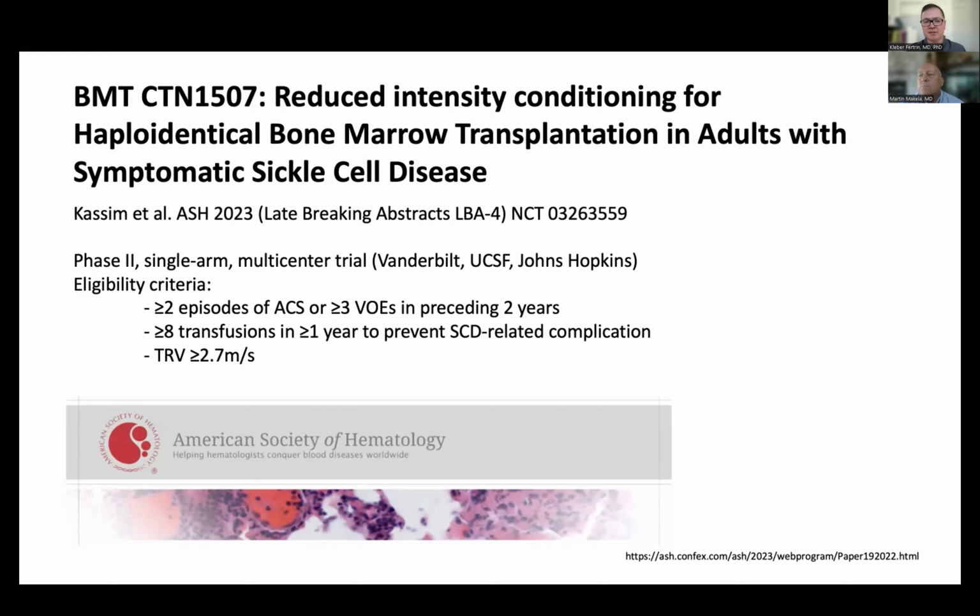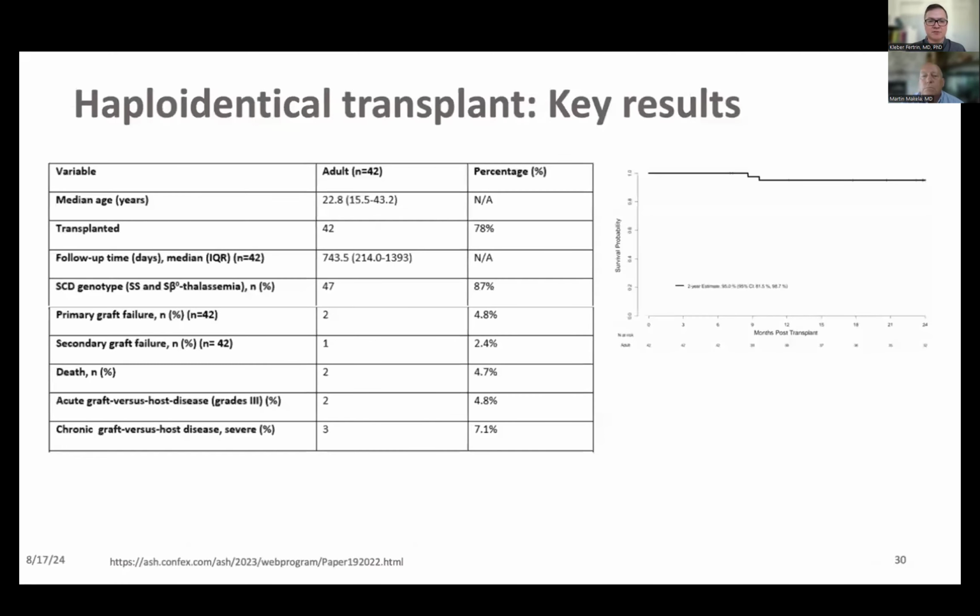And again, in this study that was presented last year, they had very good success using this kind of donor for transplant, they had again a 95% overall survival after this treatment. And differently from earlier attempts of using transplant for sickle cell disease, their rate of graft failure, which is when the new marrow doesn't engraft, or death, or severe graft versus host disease, was fairly low.